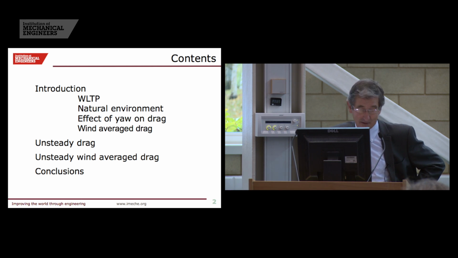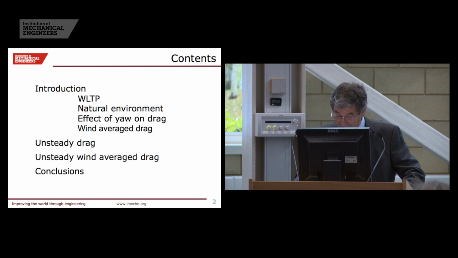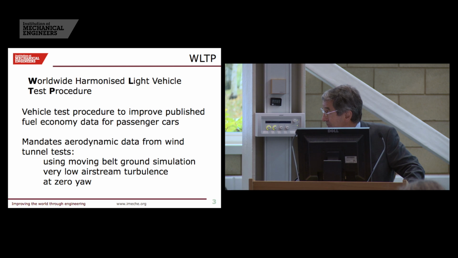I'll also reintroduce wind average drag to you, but I'm relying heavily upon what Steve's already introduced. We'll look at the computation that I've used to derive an unsteady drag and the application of that to the wind average drag coefficient, and then draw some conclusions.